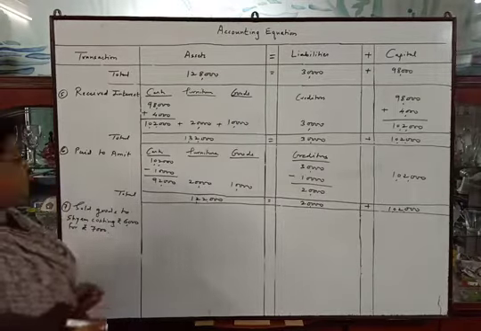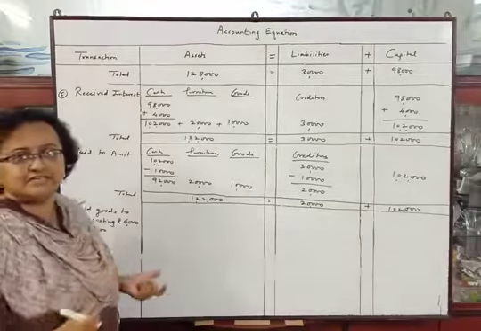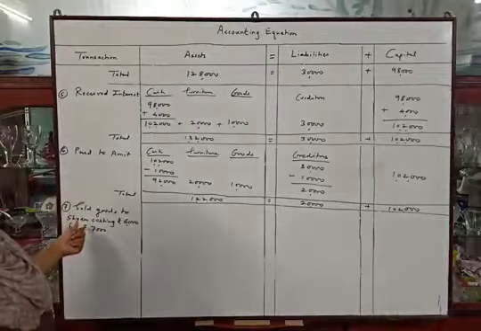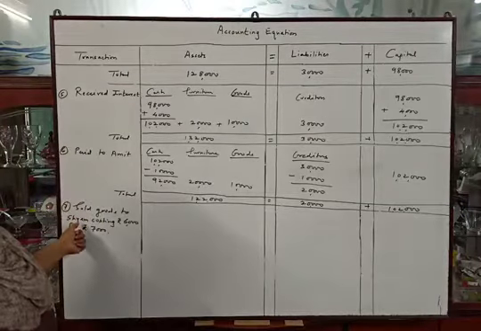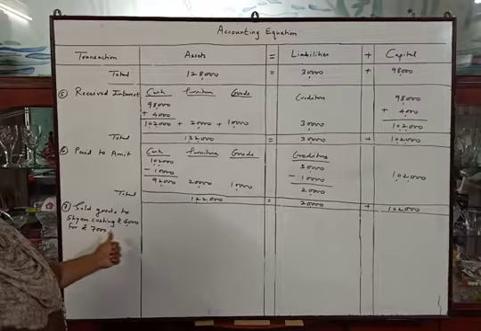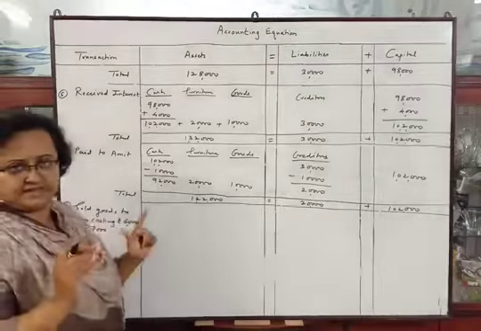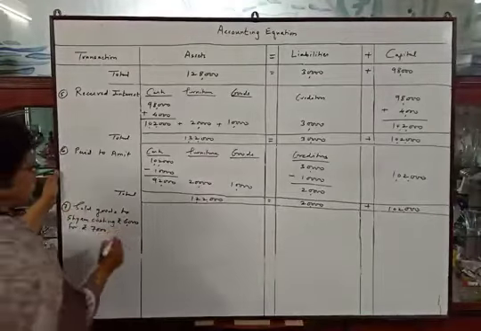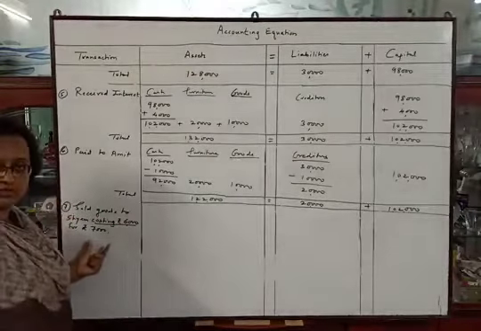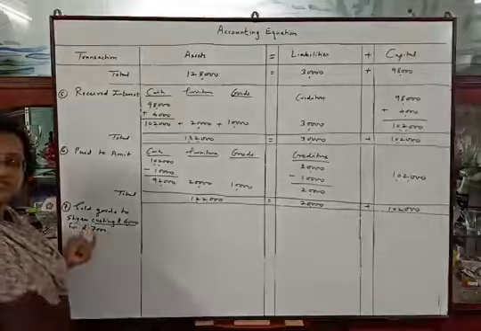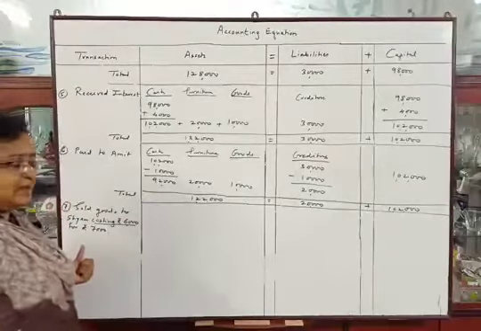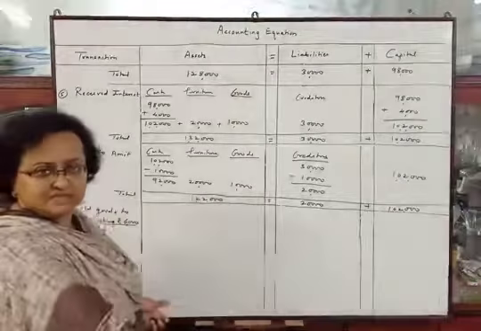Okay, let's write the full transaction for better understanding. See, they are selling goods to Shyam. Here the party's name is given, it is an entry of sale, and the word cash is not here, so this is a credit transaction. Goods were sold costing rupees 6,000, but they were sold for rupees 7,000. Means the selling price of goods is 7,000. 7,000 rupees charged to Mr. Shyam, but we are giving him goods of rupees 6,000.